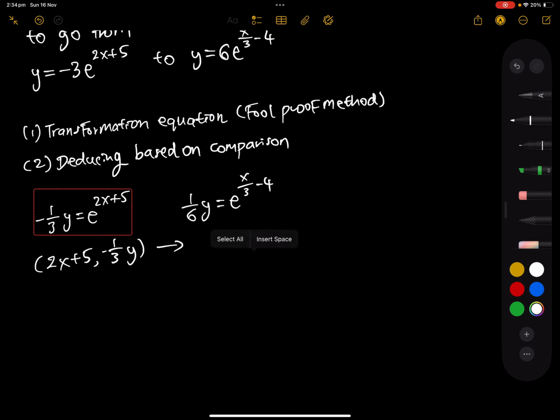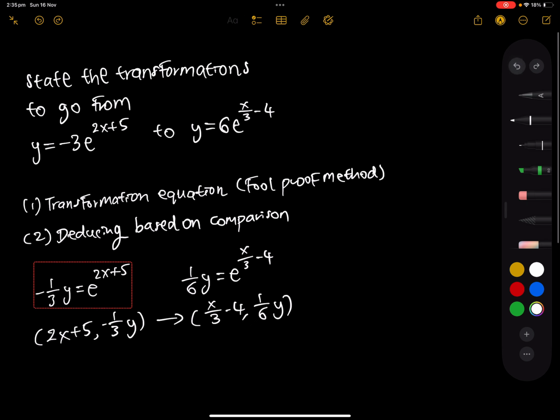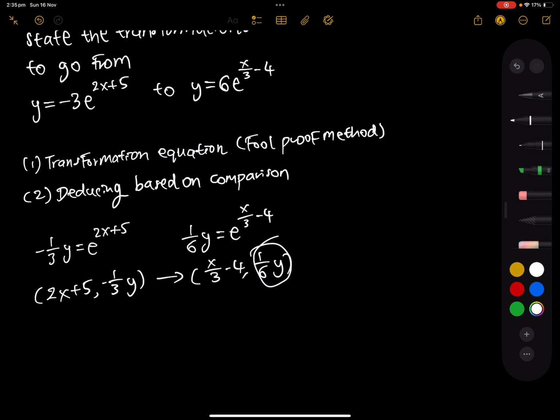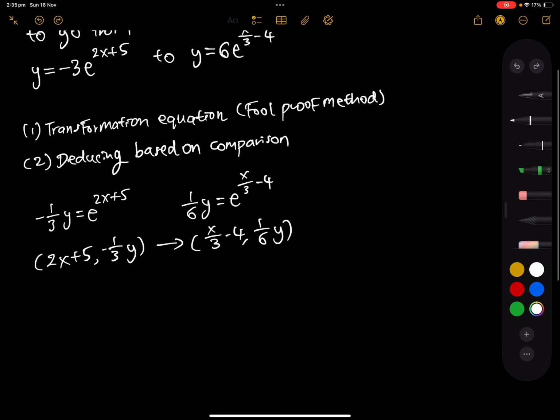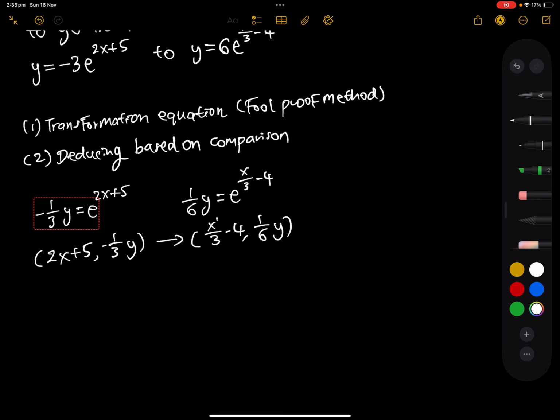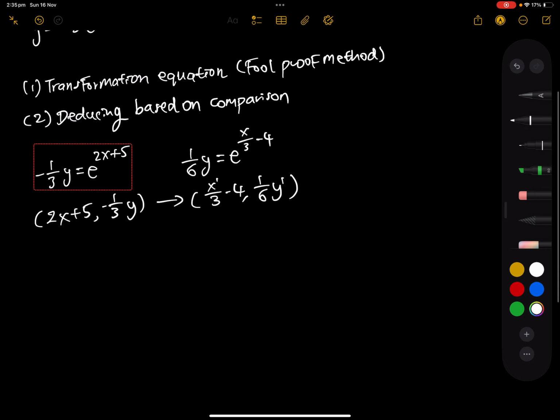And then, since we're going from this to this, we will write it in this form, where this is our x part from our image function, and this is our y part. And since this is the image, we want to denote it as x prime and y prime.